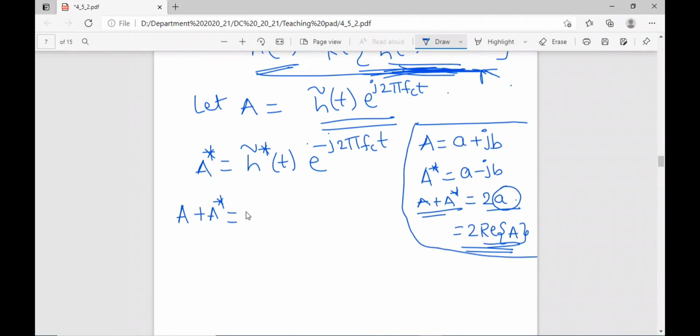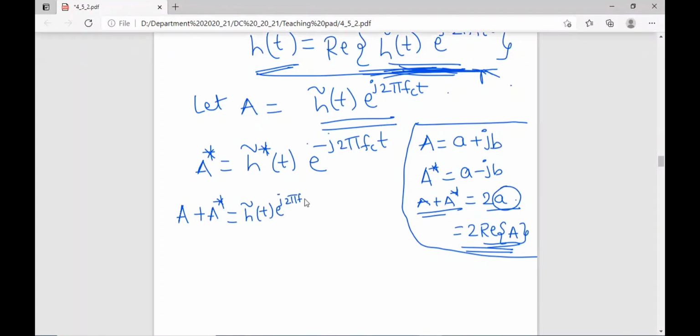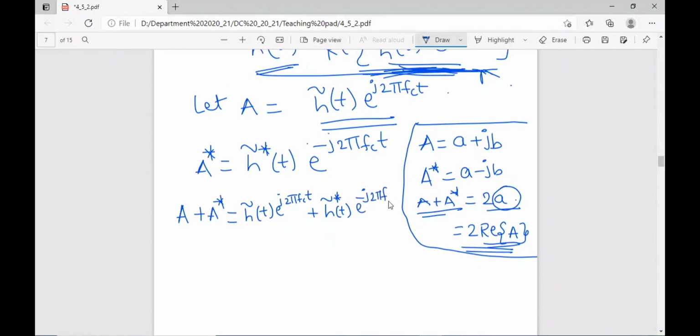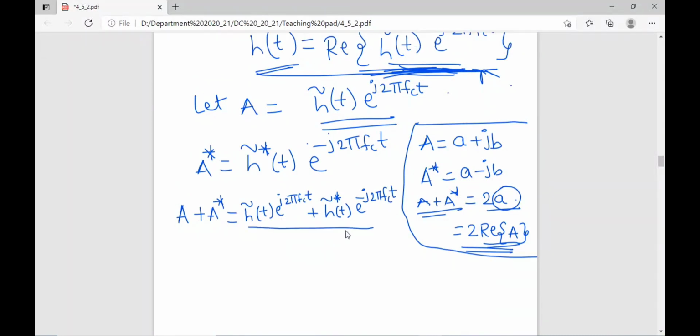So A plus A star I can write as h tilde of t e power j2 pi fct plus h tilde star of t e power minus j2 pi fct. Now if I add these two, what should be the resultant? I have added A and A star, so the resultant is 2A, so 2 times A.